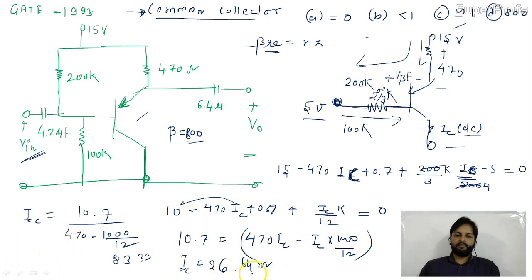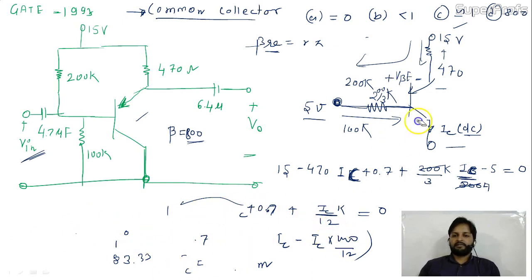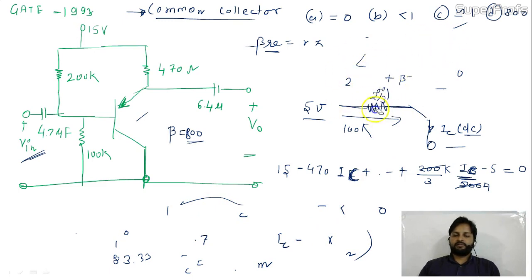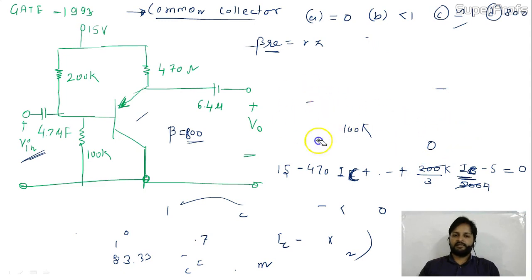You have calculated IC. Is it okay? Now let me erase some part. You calculated IC, remember 26 milliampere. Okay. Now I can remove this circuit. I have to show you now. We will calculate beta RE because the DC analysis is over.